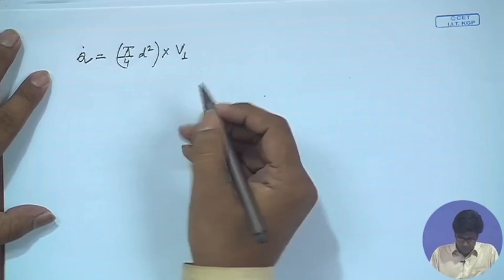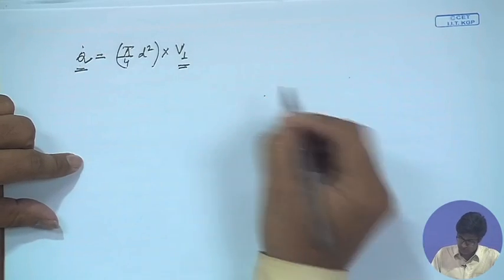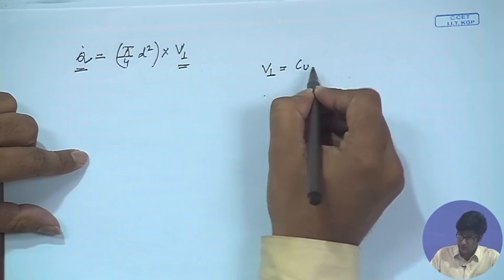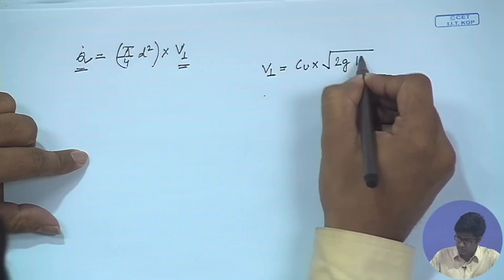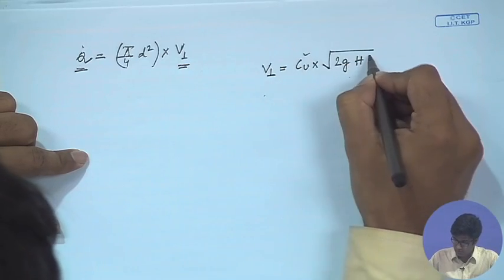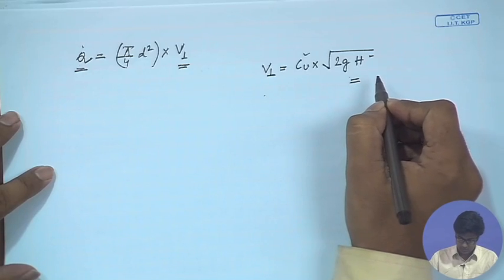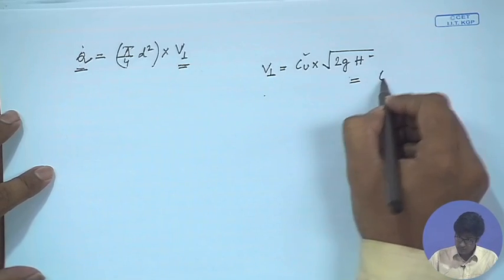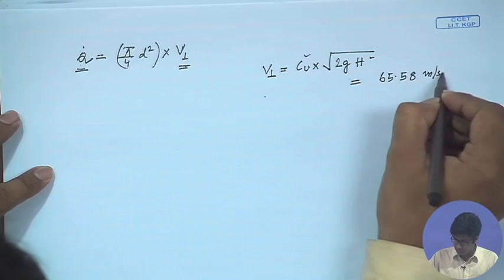Now, this is also unknown, and as well as the velocity of the jet is also unknown. So, let us first find out the velocity of jet, which is given as Cv into root over of 2 into g into the net head available. We know all the values, and so substituting them, we find out the value of the jet velocity as 65.58 meter per second.